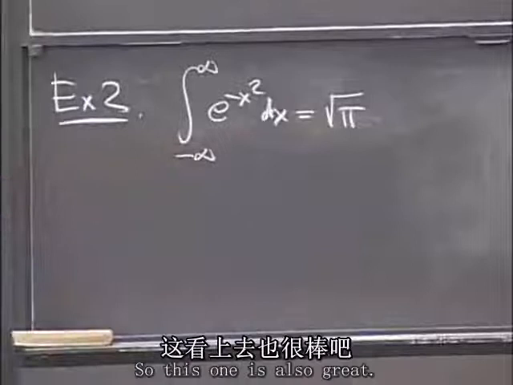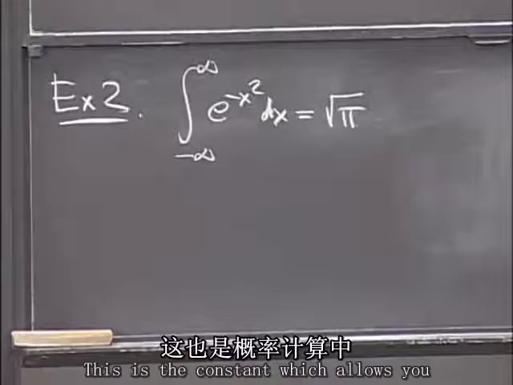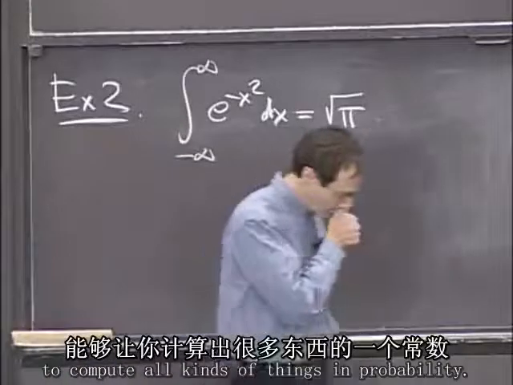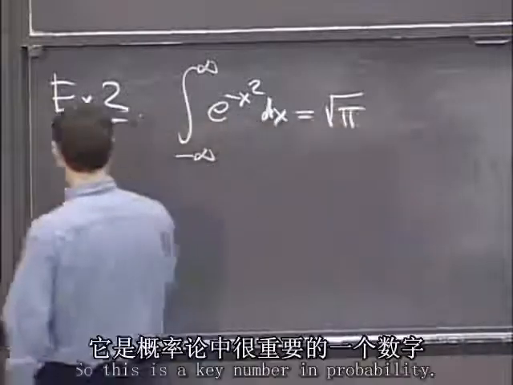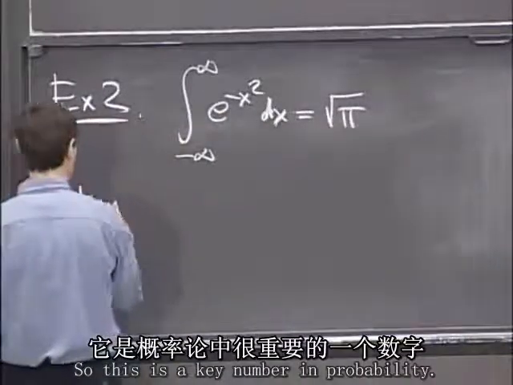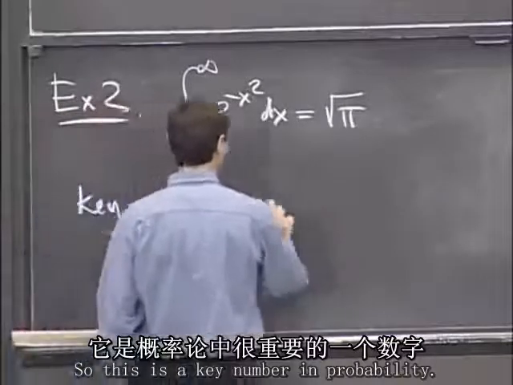So this one is also great. This is the one, the constant, which allows you to compute all kinds of things in probability. So this is a key number in probability.